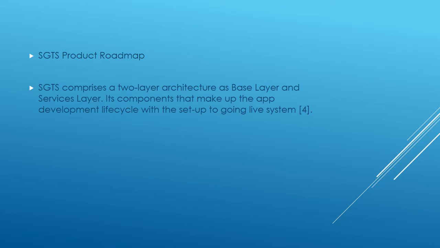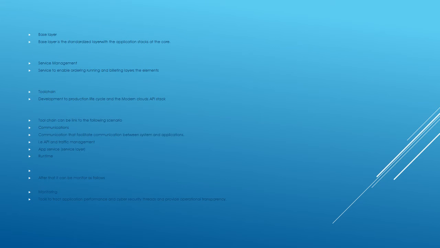The Singapore government stack comprises a two-layer architecture, the base layer and the service layer. Its components make up the application development life cycle with the setup of the going-live system. The base layer is the standardized layer with the application stack at the core, with services that manage ordering, running and billing.